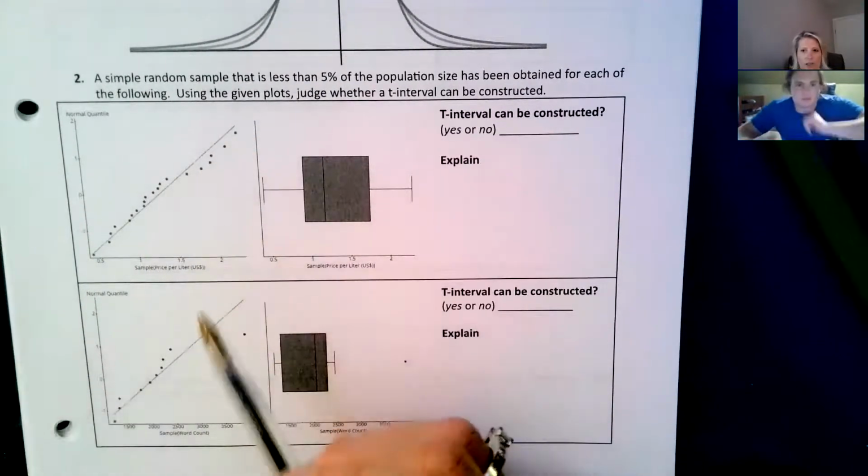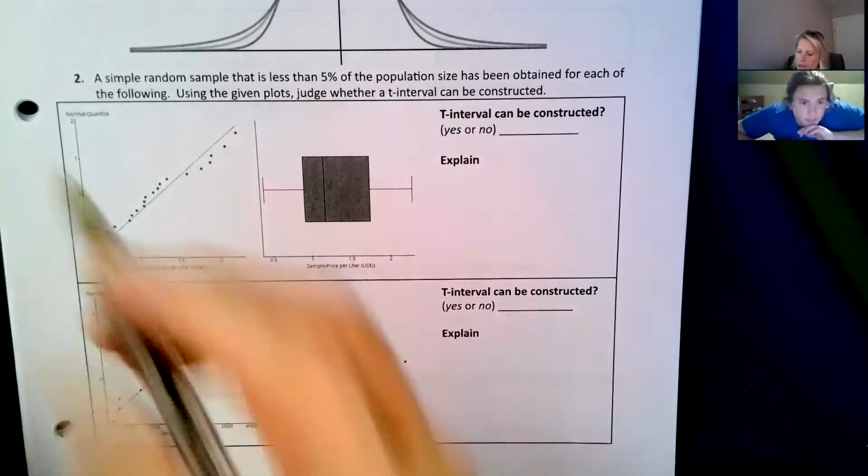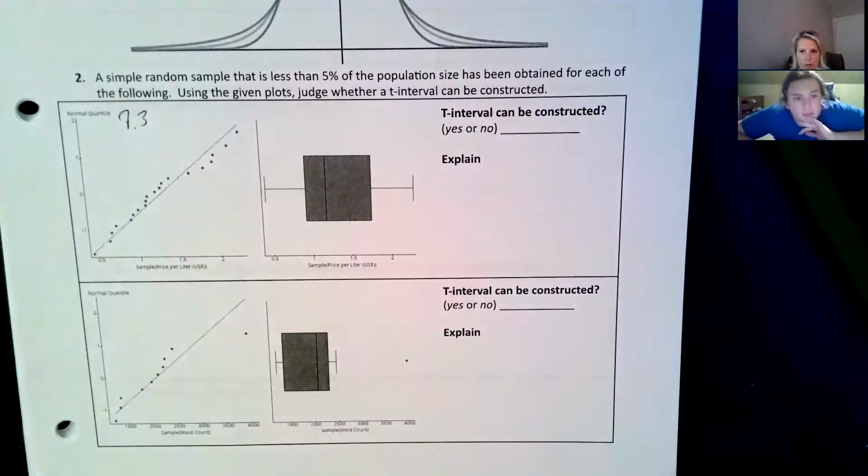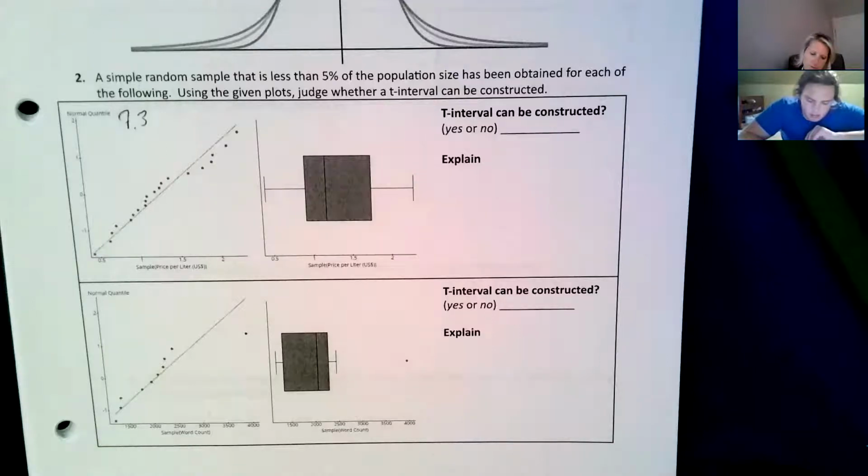So does anybody remember how we use the normal probability plot? This was from chapter 7.3. Does anybody remember how we use that to give us some information about our normal requirement for the CLT that we did in chapter 8?